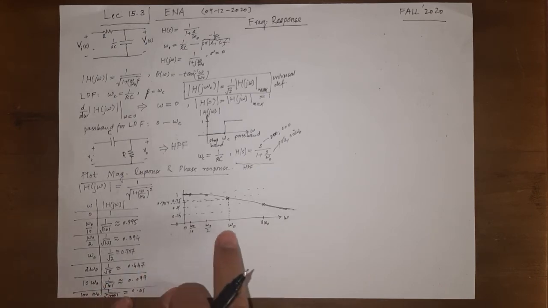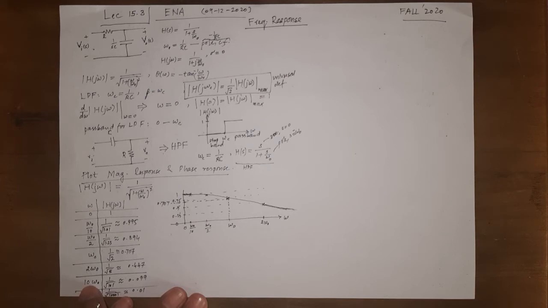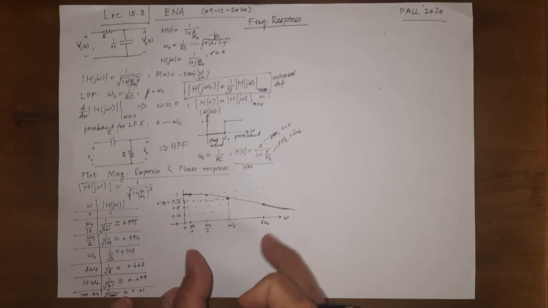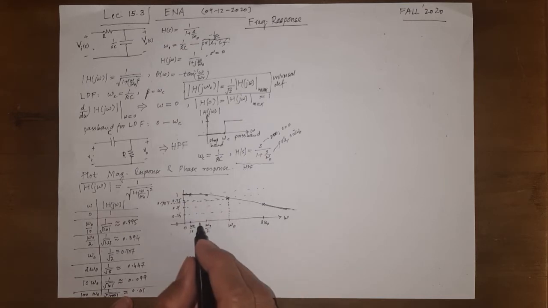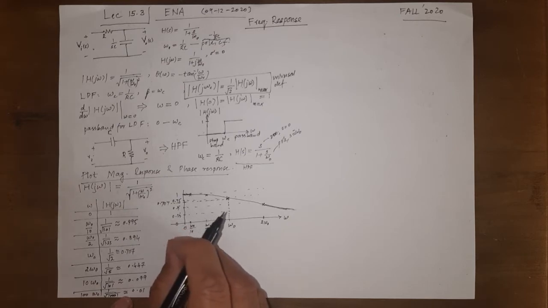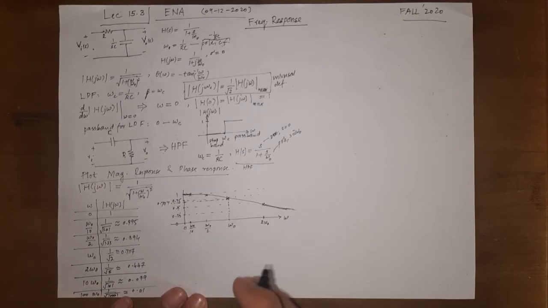What if I am interested in knowing what is the value at 10 omega naught and what is the value at 100 omega naught? It's not very easy to make a scale. In order to have 10 omega naught in this scale, I would have to have 10 omega naught here, for example, then omega naught would be here, and 10 times less than that is going to be quite constricted in this small place.